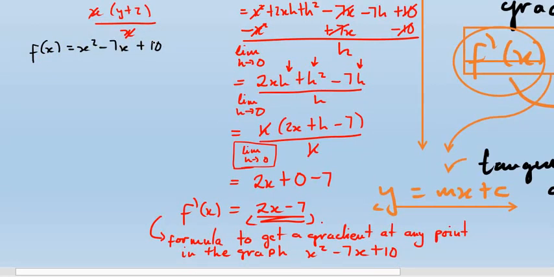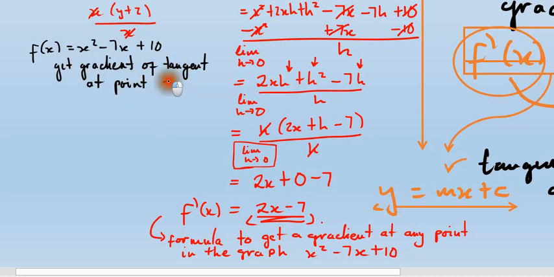Now we say get the gradient of the tangent at point 3. Now I need to hesitate. I don't know what the y value is. Do I care? I don't care about the y value. So I'm going to say the gradient at x equal to 3.